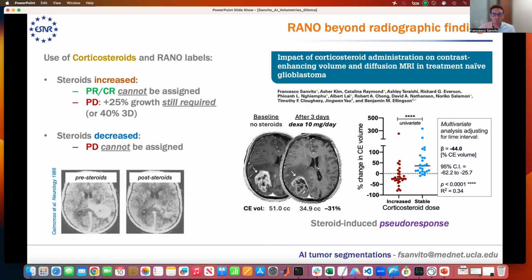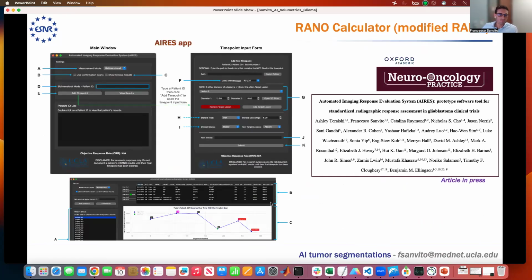So when we consider if a tumor is showing a response on imaging or a progression, we have to see if that patient perhaps received more steroids and that's a shrinkage due to steroids, or they decreased the patient's steroids and maybe we see a false progression that is due to a steroid decrease.